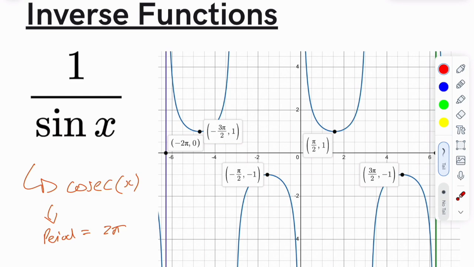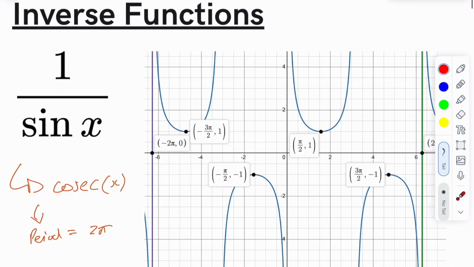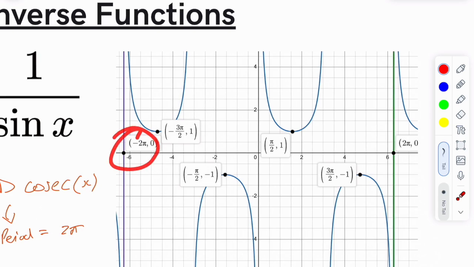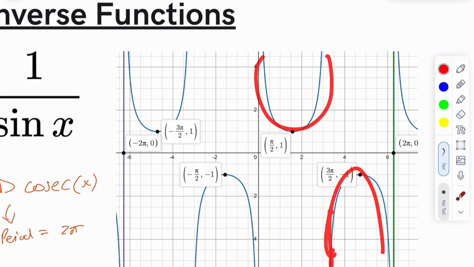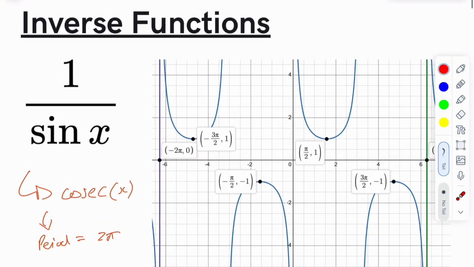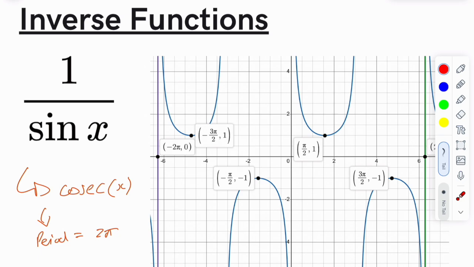So as you can see, negative 2 pi over to 2 pi here, we've got a full iteration. So over here, 0 to 2 pi, we've got a full iteration there. And so that's basically it for cosec of x. It's simply the inverse of sine x, and that's the key thing you need to know for now.